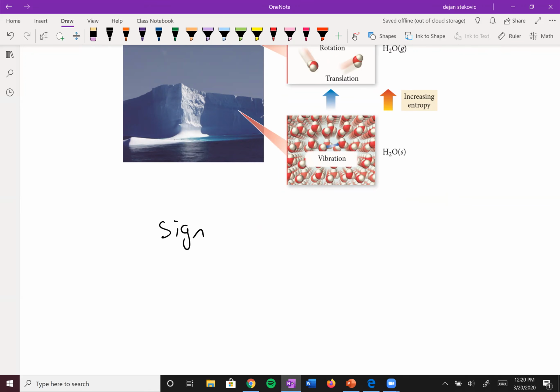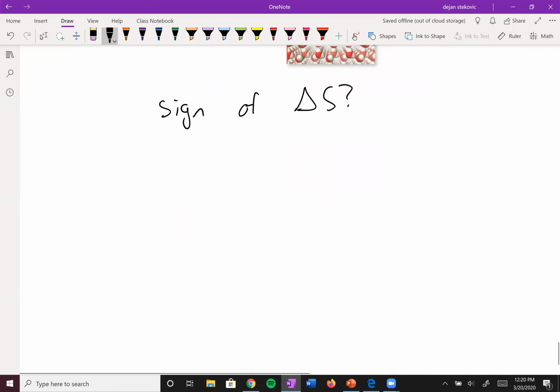So let's take a look at a quick little exercise, sign of delta S. Go ahead and predict for all of these things what the sign of delta S is going to be. I'll write them down.